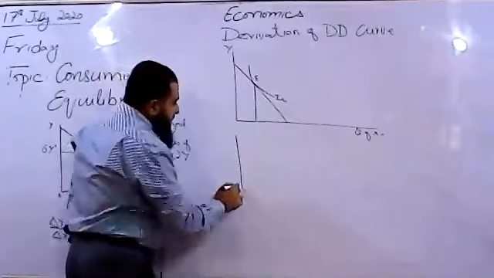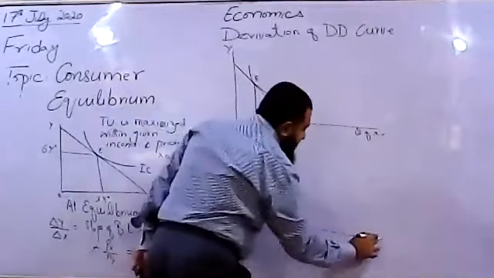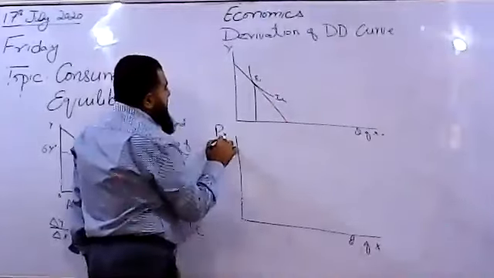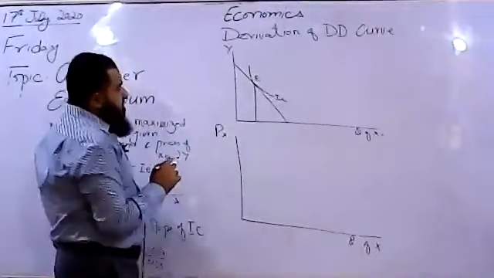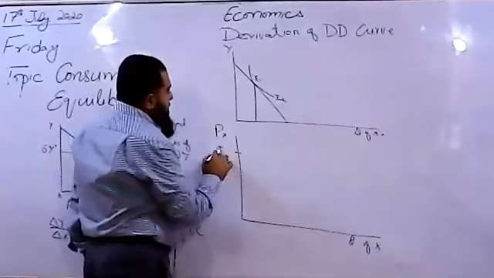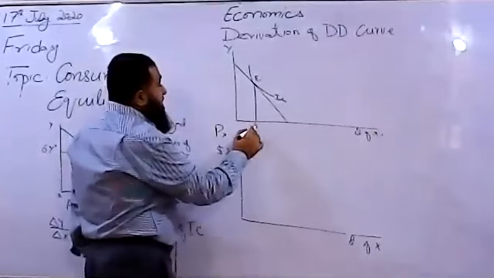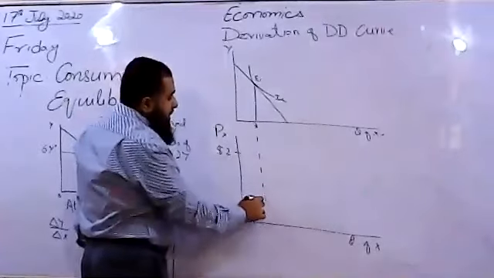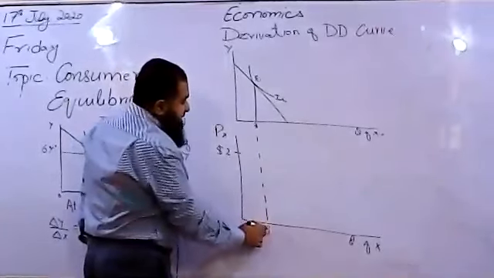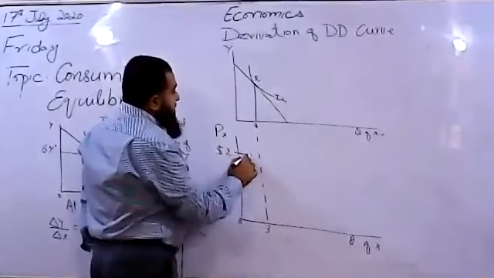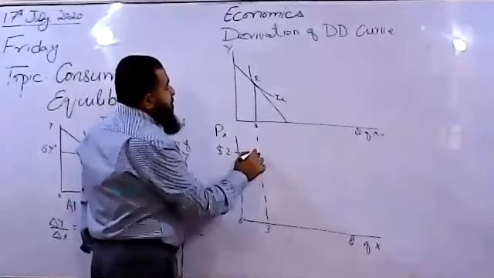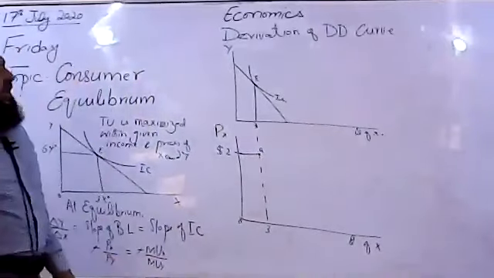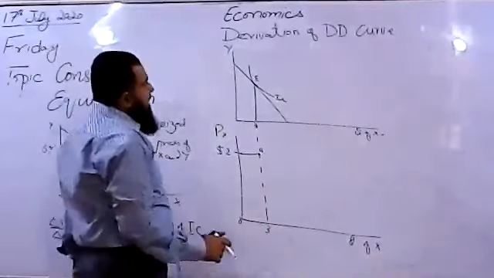So now in the lower diagram, I am drawing the quantity of X and the price of X. When the price of X is $2, the consumer is buying 3 units of X. So in the lower diagram, these are the 3 units of X at price $2. So this is the point, you can say A.